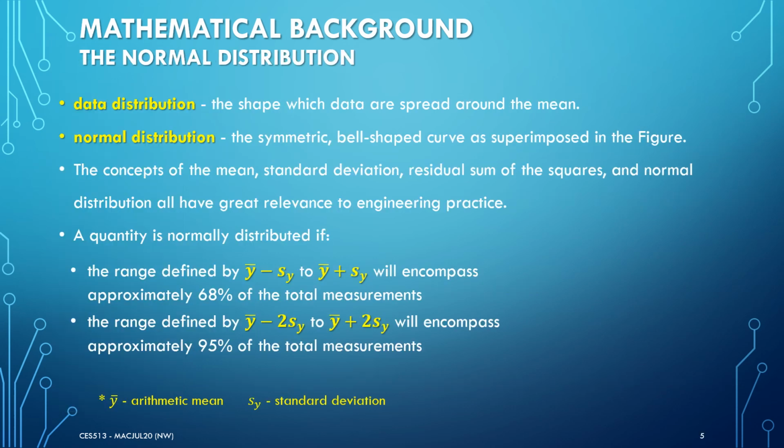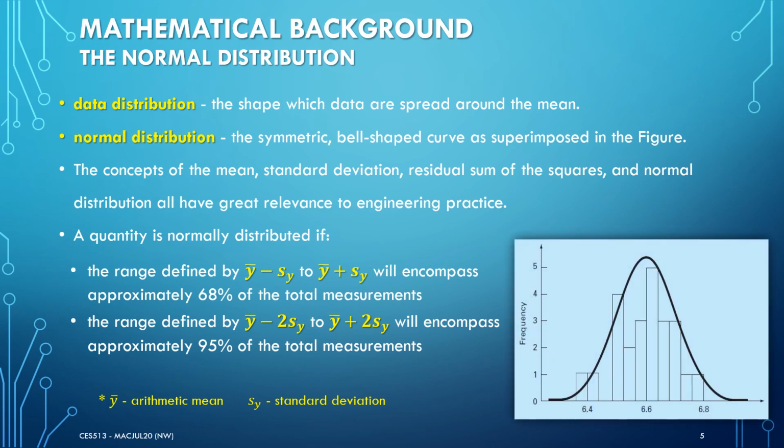Another characteristic that is important in this current discussion is the data distribution. That is the shape in which data are spread around the mean. Okay, the data distribution is said to be a normal distribution if it has a symmetric, bell-shaped curve as superimposed in the figure.